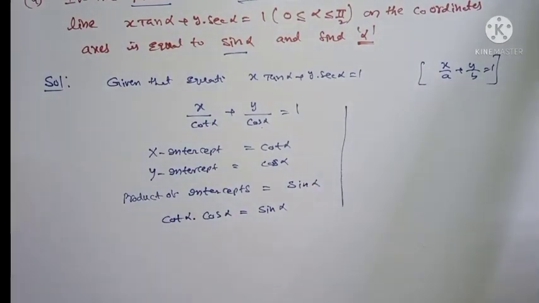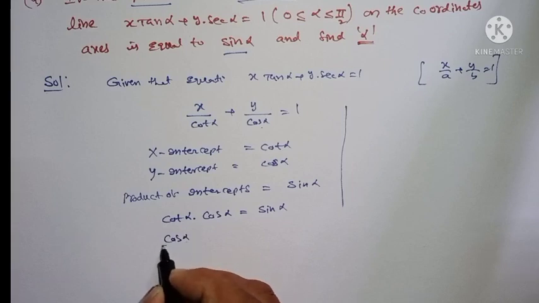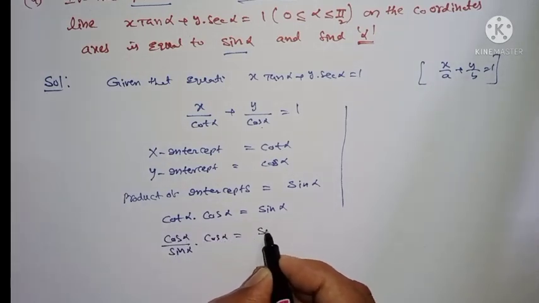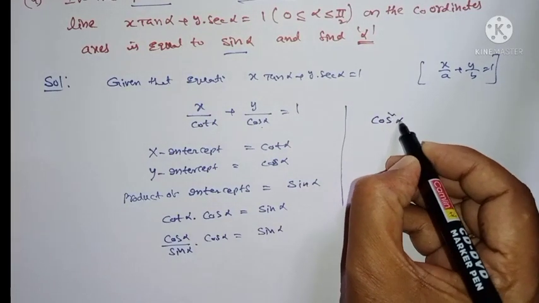Therefore, cot alpha I can write as cos alpha by sine alpha, into cos alpha is equal to sine alpha, or cos alpha into cos alpha gives cos square alpha.